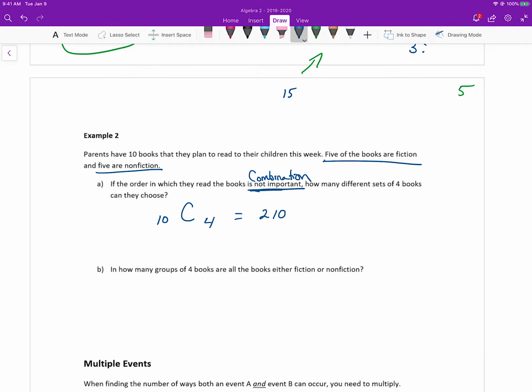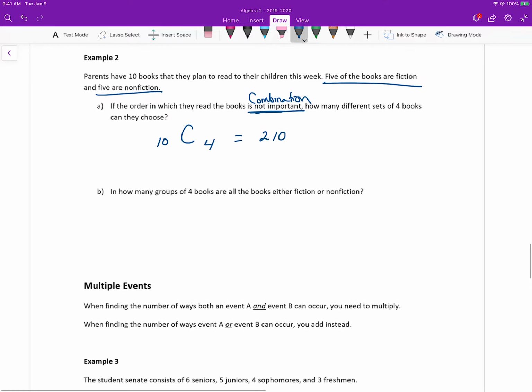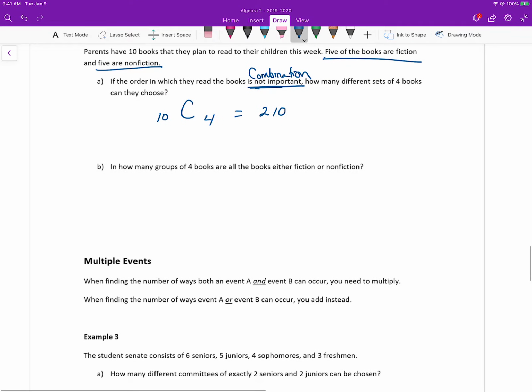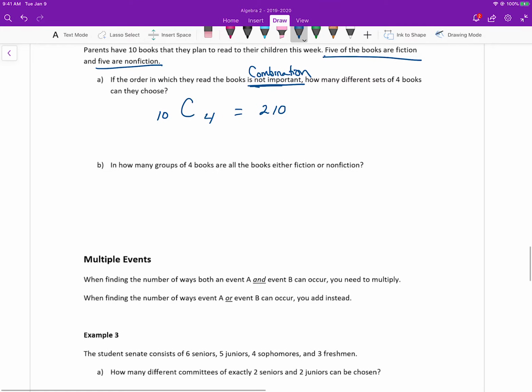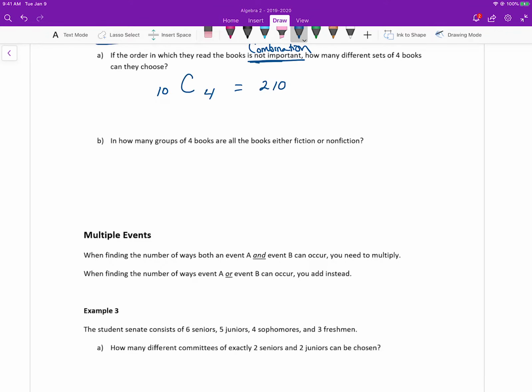Now, this is one of those times in class for option B where I would say, try out B. Try to figure it out. So I would really like you to pause the video before you just see how I do it and try to figure out B on your own. Because if you did that, hopefully you read the rest of the page and you saw this is an or situation.